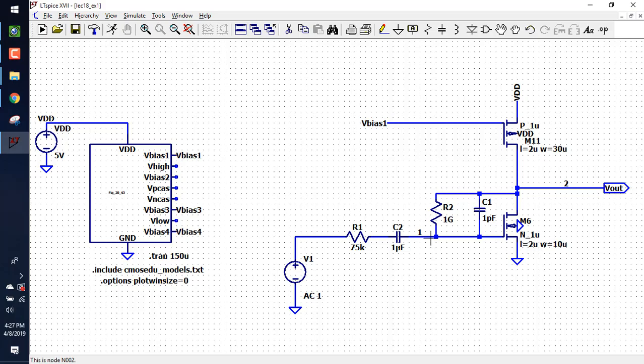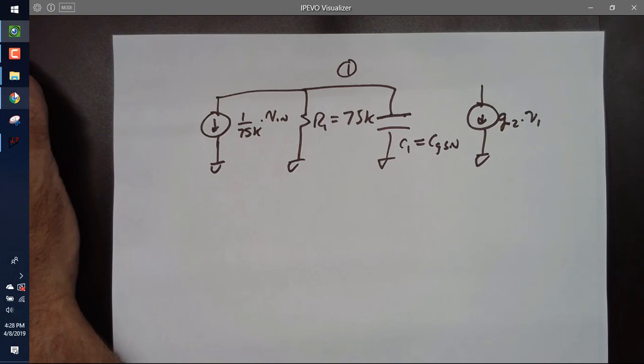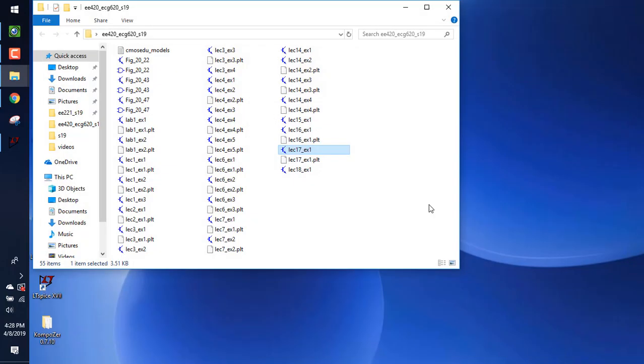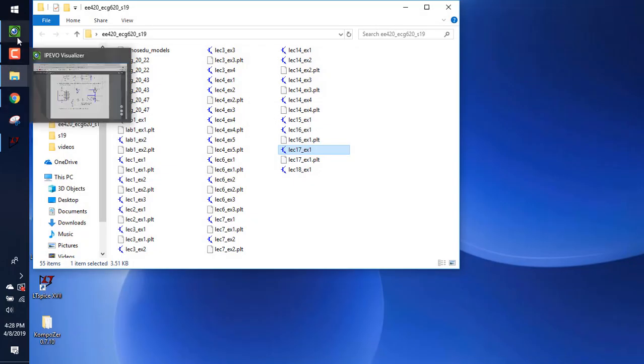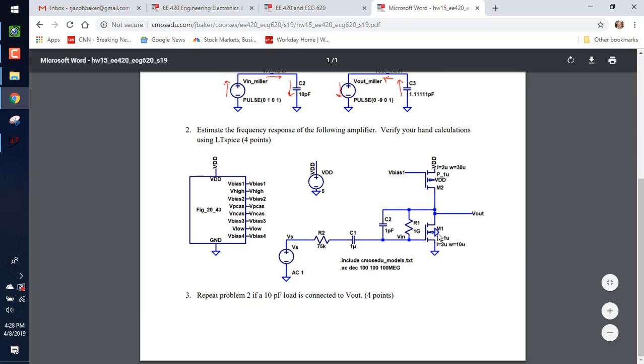If I go back, here's V1. The voltage on this is wiggling. What's another name for V1? VGS. So that VGS times GM2, which GM2 is what? Well, it's the GM of M1.